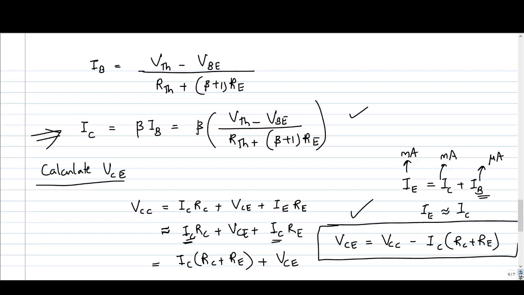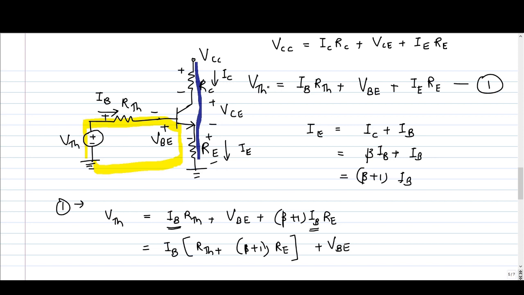Now we will evaluate the performance of the circuit when temperature changes, temperature variation. Then after that we will evaluate the performance when beta changes. Okay, so to do that, we can copy the first equation, equation number 1, that we have written by applying KVL on the input side. So using this equation, you can comment on the stability of the circuit with the temperature changes.